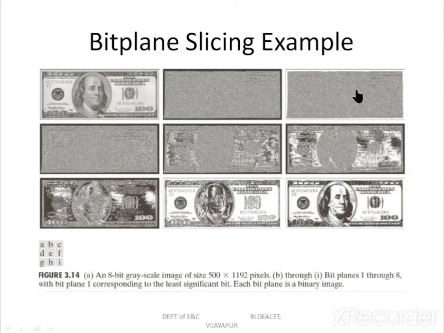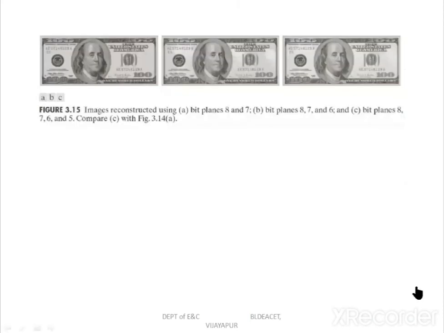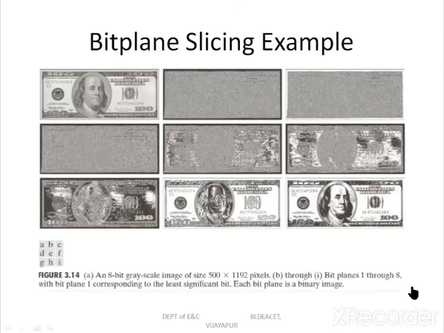Similarly, the second diagram is formed by considering the first bit of all the pixels of the input image, like that. This particular image is formed by considering only the MSB bits of all the pixels of the image.